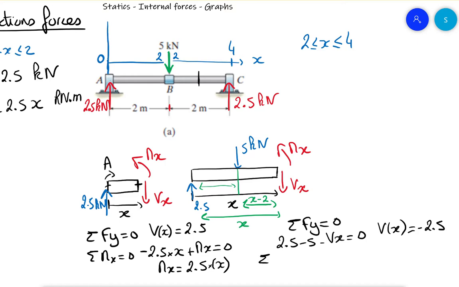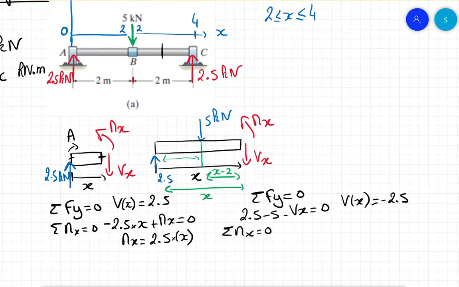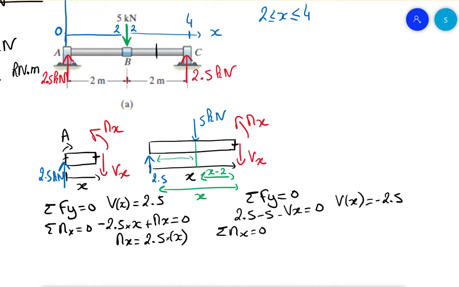And if we do the sum of the moments about the point x, it's equal to 0. We have 2.5 in the minus direction, so minus 2.5 times the total distance, that is x.